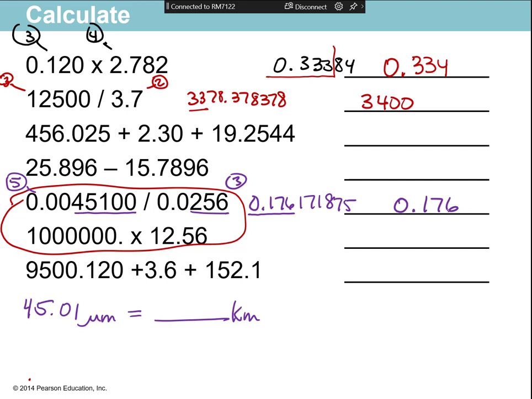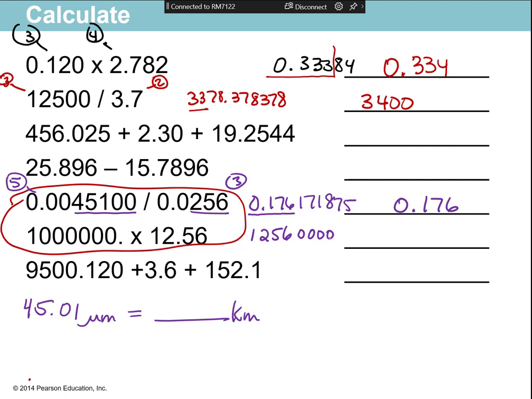So then looking at this one, if I took 1,000,000, which is that 1,000,000 decimal place, times 12.56, putting this in the calculator would just be 1, 2, 5, 6, 1, 2, 3, 4. So that would be what? 12,560,000 is my answer.